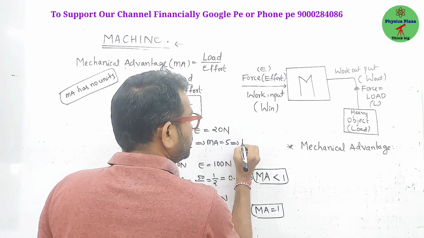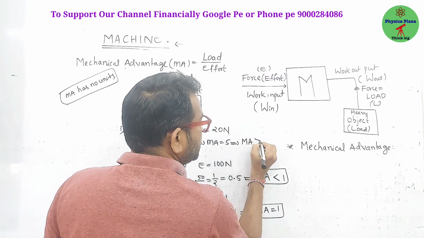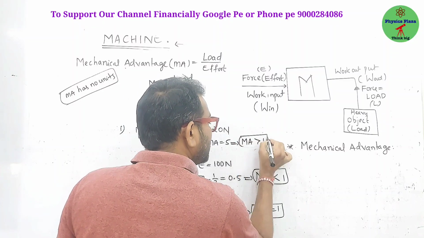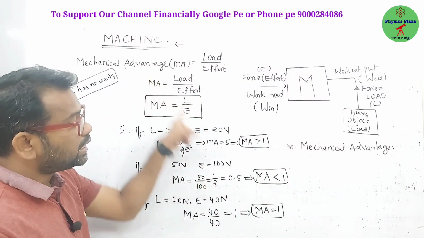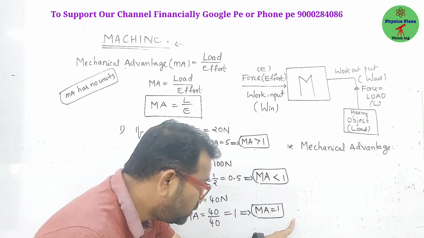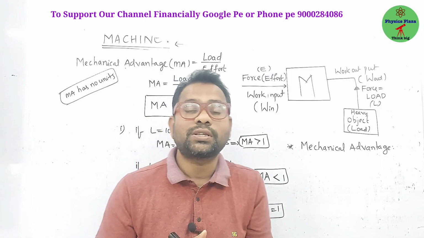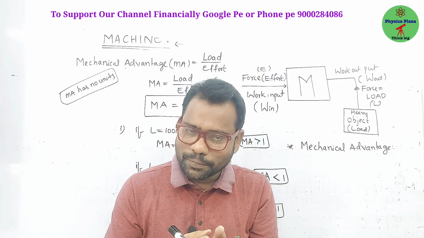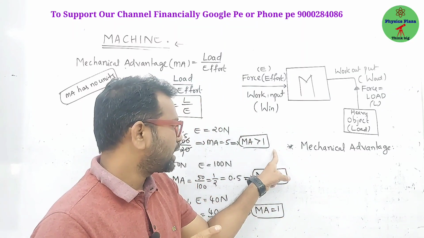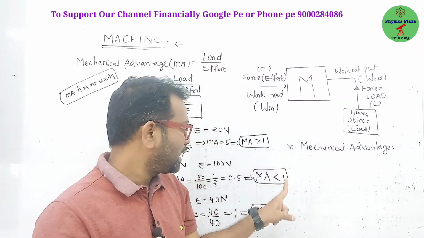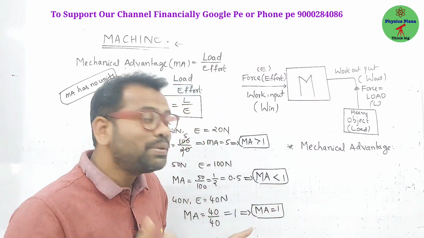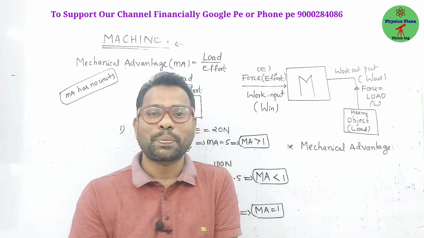So for mechanical advantage, these three situations are possible: it can be greater than 1, less than 1, or equal to 1.